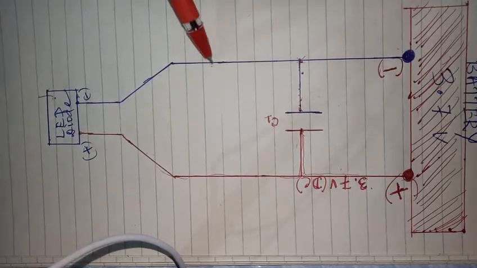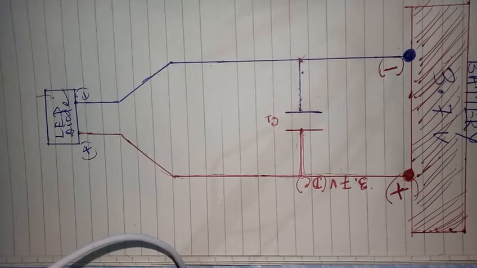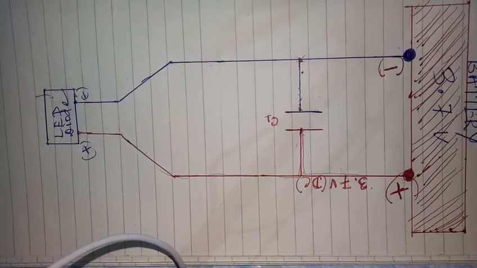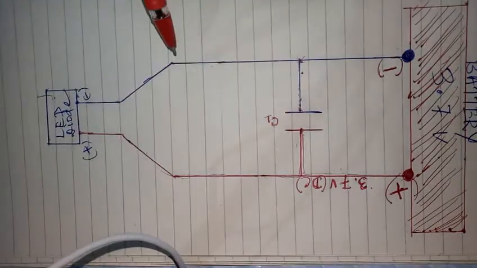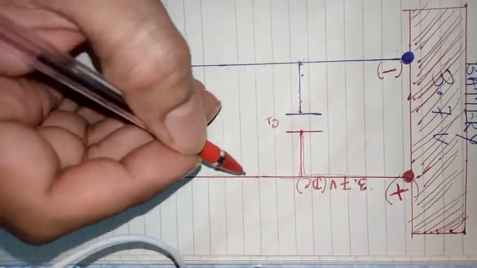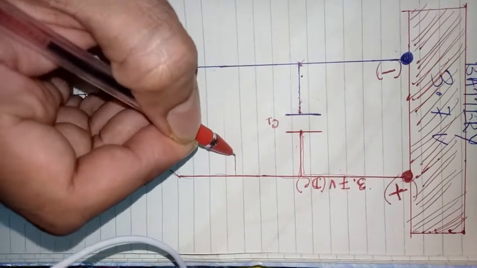Fine. So if we are using an HBR of 1K, for example, the HBR will be used in parallel connection. Fine. So this is the parallel connection. If we place an HBR here, the diagram will be like this.